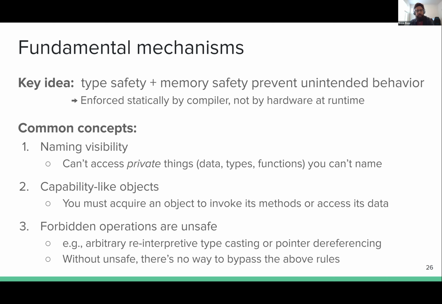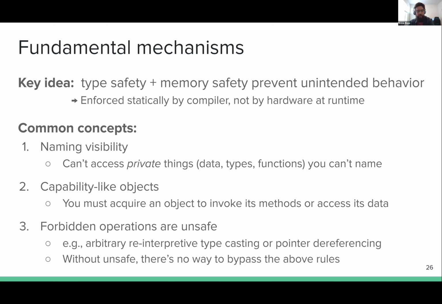And then finally, you need to be able to have a set of operations that are forbidden. You know, for example, things that are unsafe, right? And you need to be able to forbid those at compile time for certain pieces of the system. For example, generally, user applications shouldn't be allowed to execute unsafe operations, right?